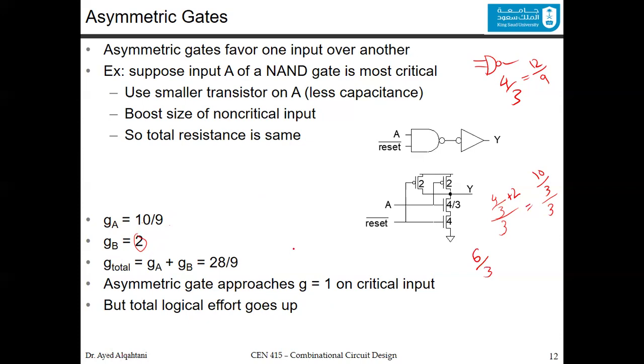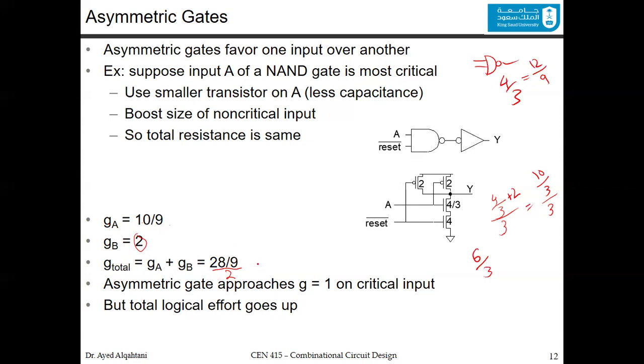So now if we want to get the total for the circuit, you can get the G total by adding those two. It's going to be 28 divided by 9. That's the total logical effort. You should divide this by 2, so to get the idea of what's going on.